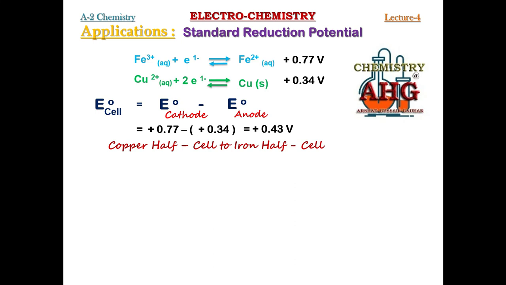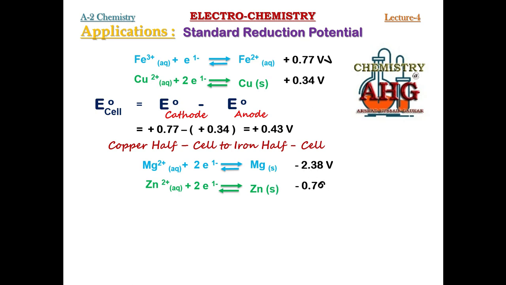Okay, one more example, just give it a try. One half cell is magnesium, with a standard reduction potential of minus 2.38. And the zinc half cell has a standard reduction potential of minus 0.76. Okay, if you have done, how do you decide which one is cathode and which is anode?